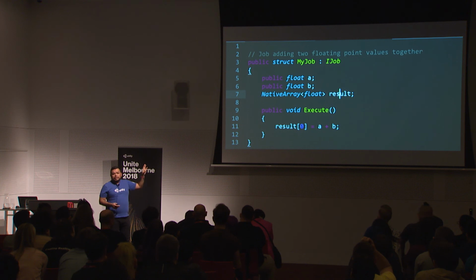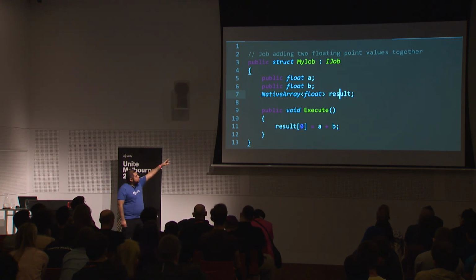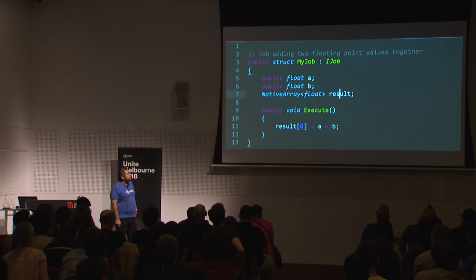This is going to be our link between Unity's scripting code, the code that you write, and the native code that Unity handles underneath. So this is a super fast way to interact with that native code.